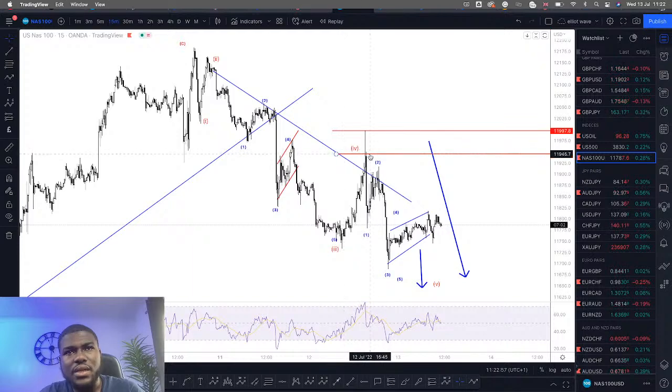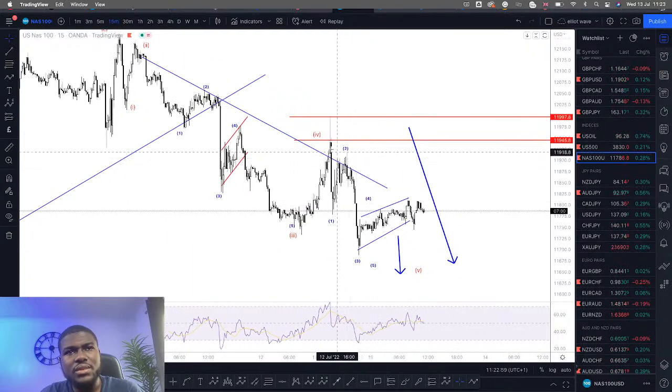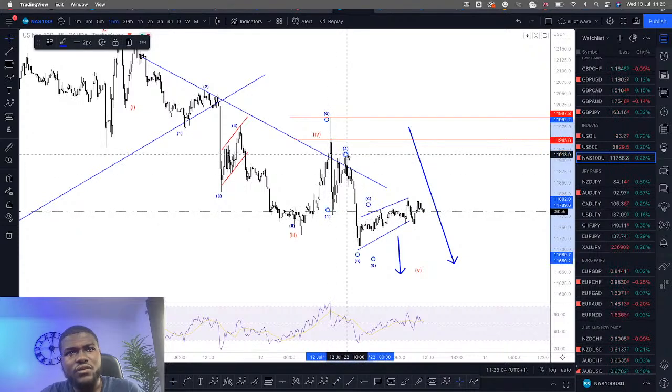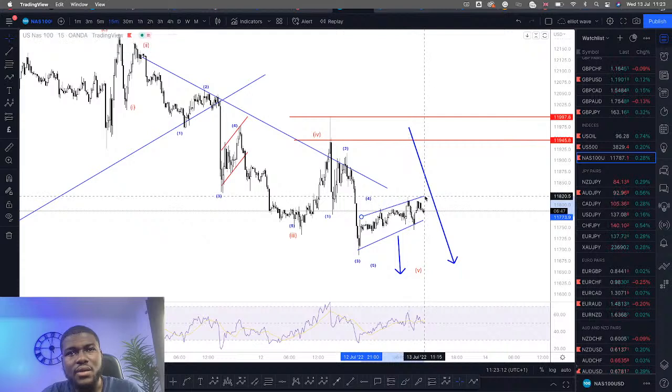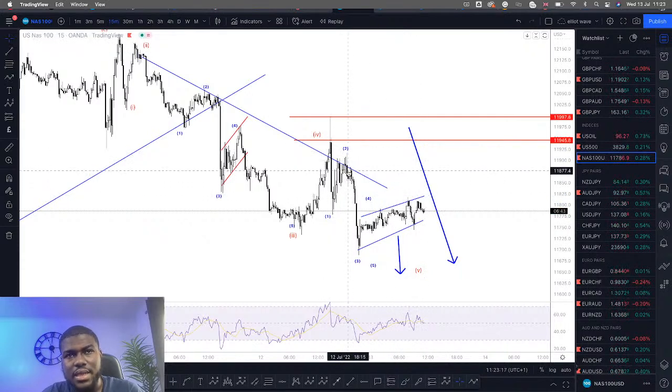We started during the American session yesterday. We have this first leg, wave 1, and we have wave 2 to the upside and wave 3 to the downside. Then we had this correction in terms of wave 4. So currently I had another sell position I opened around here yesterday evening.